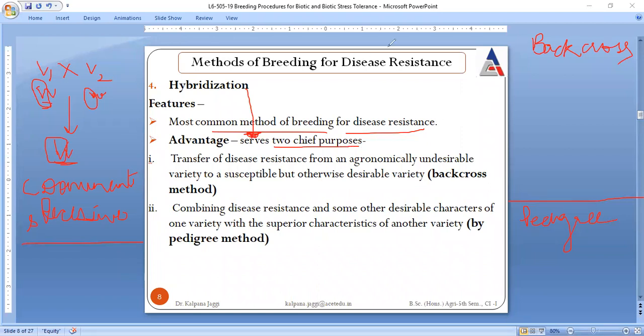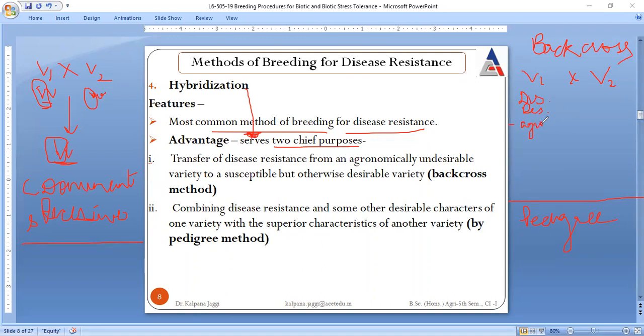The very first is the case where we are crossing two varieties, say variety 1 is being crossed with variety 2. Here these two are the parents, right? Say one parent is disease resistant, but along with the disease resistance, it is agronomically undesirable.